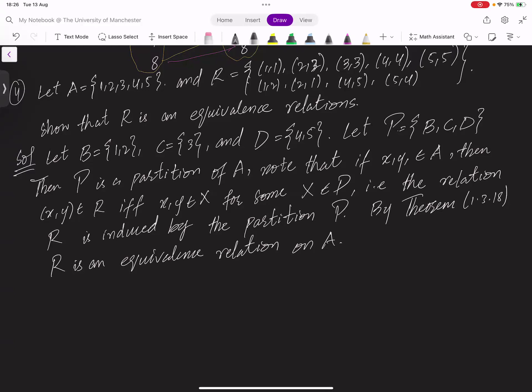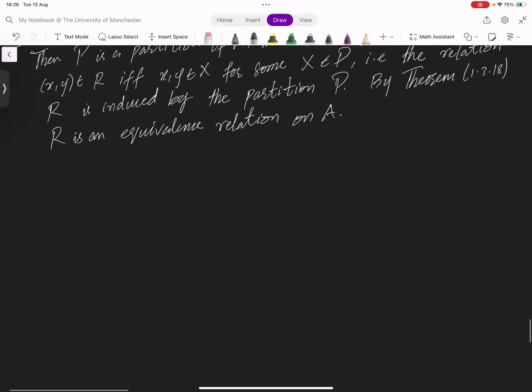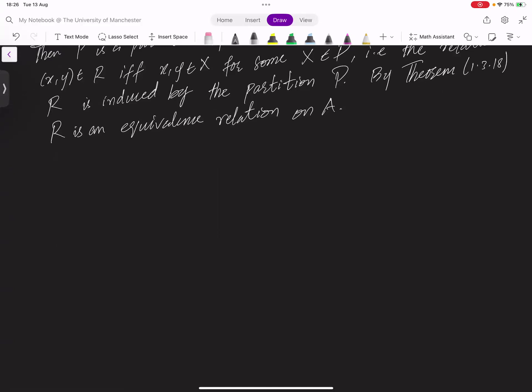Perfect. Let's talk about how we can do that for a set. Number 5: we have a set X with elements 1 to 7.